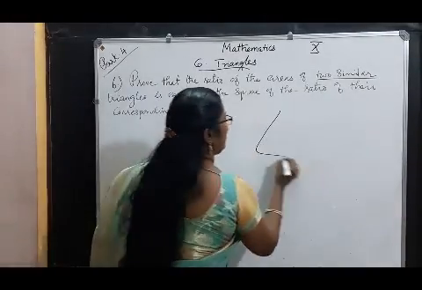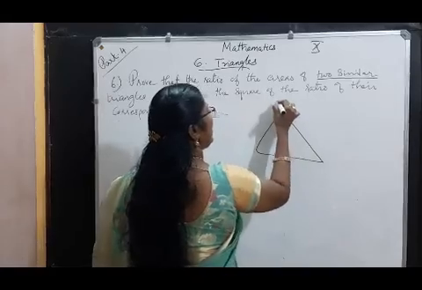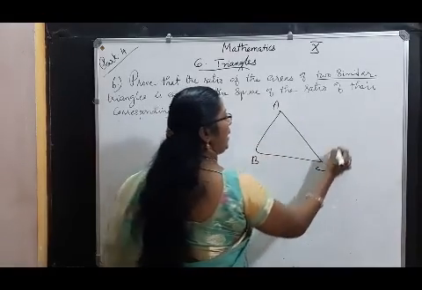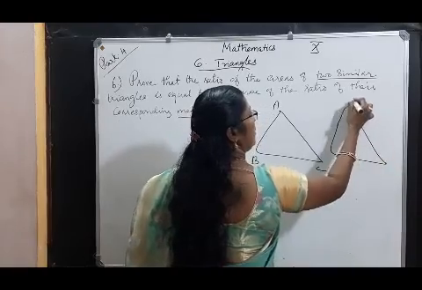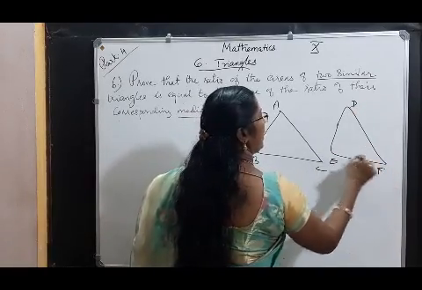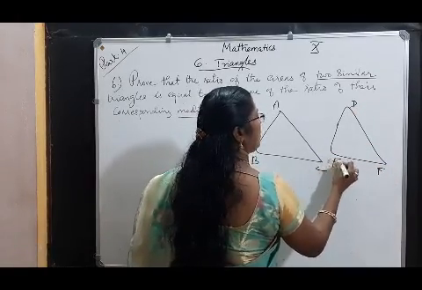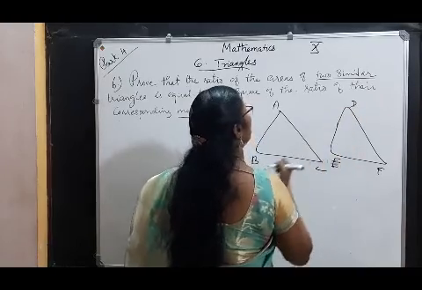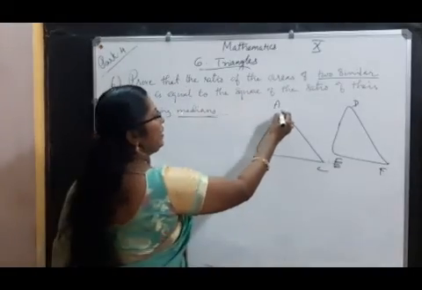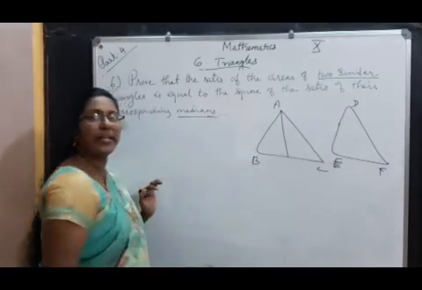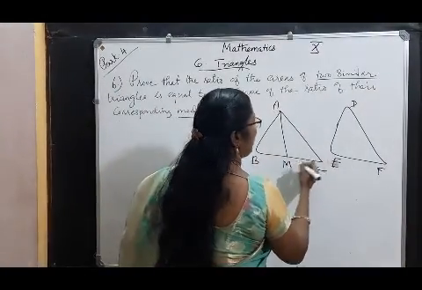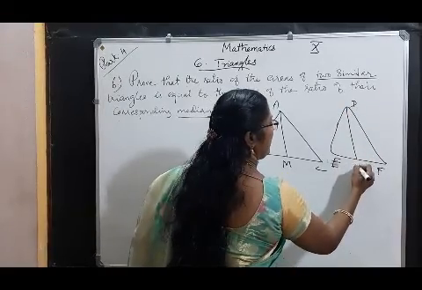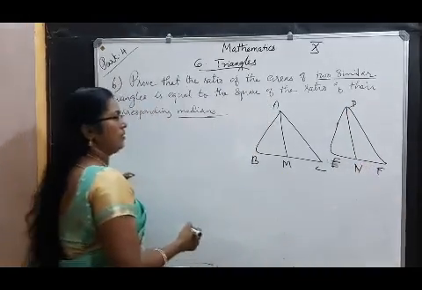Here ABC and DEF are two triangles and their medians are AM and DN.